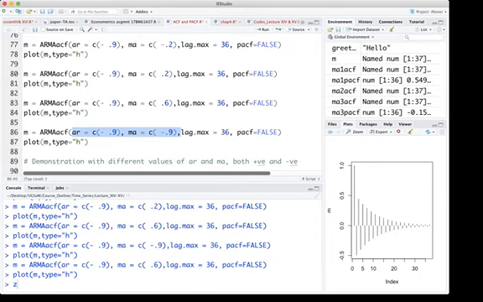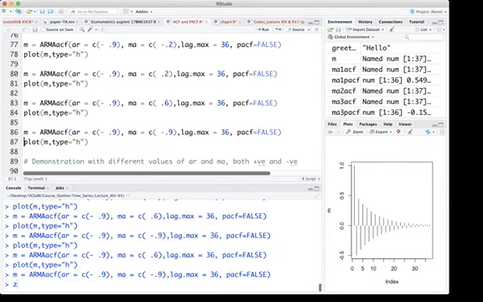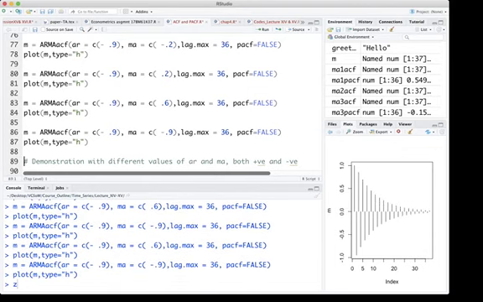Since the MA coefficient is equally very high and negative, that should reinforce the impact of the phi coefficient. So the height of the bars will increase and they will be on both sides of the x-axis. So let us run that, and that's precisely what is happening.